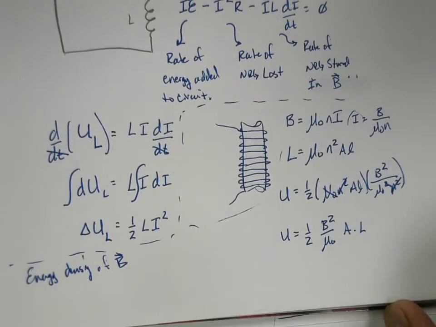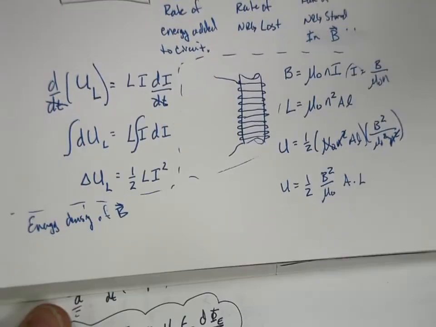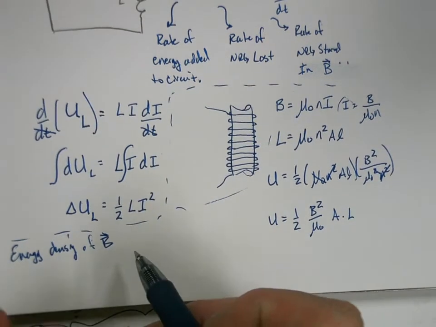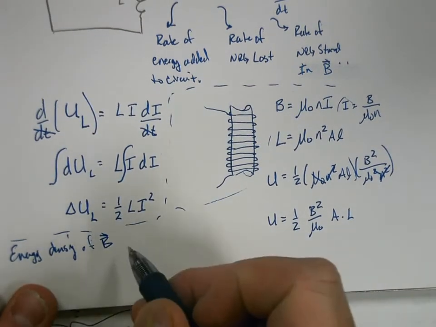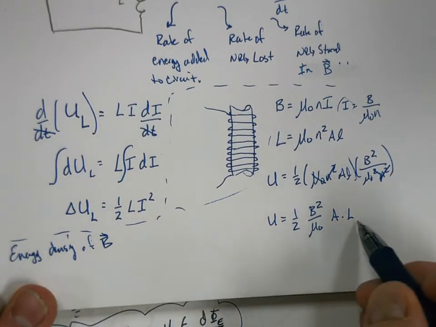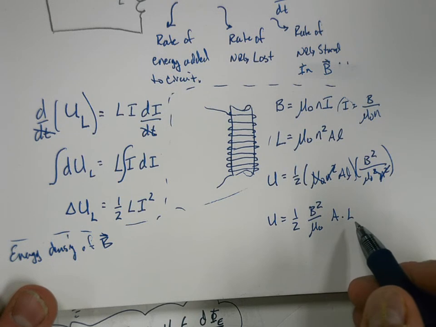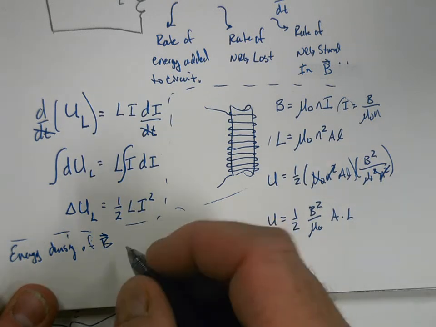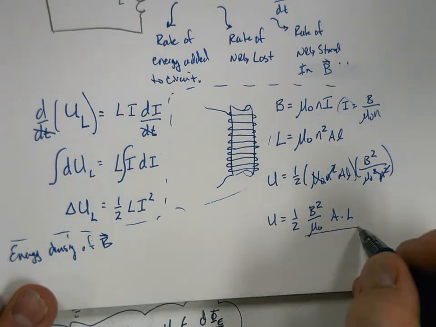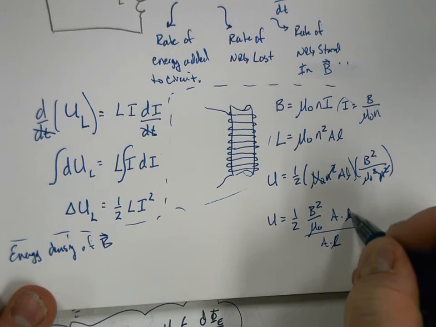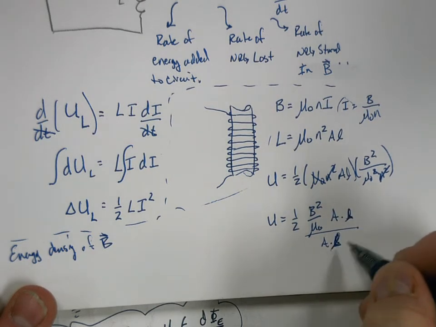If I'm running out of space here. Okay, the energy density of our magnetic field. Well, if this is volume, right? Well, density is going to be our energy per unit volume. So if we divide by A L, sorry, that should be lowercase l. Don't want to confuse you with inductance.